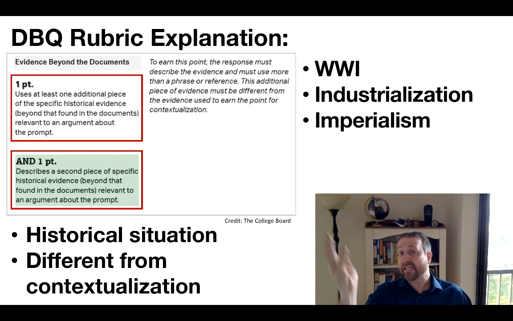In fact, all of these could work for the situation. Of course, once again, you cannot double dip with contextualization, so this gives more credence to the value of outlining properly and efficiently. So if you used evidence of troop movements during World War I in the contextualization, you could write about industrialization and imperialism for 2 situation points, or anything that works.